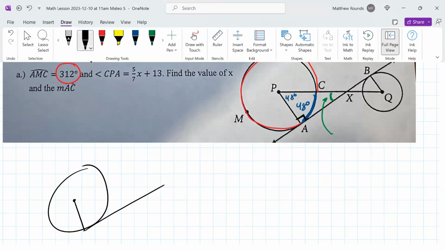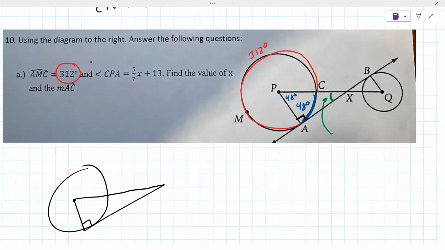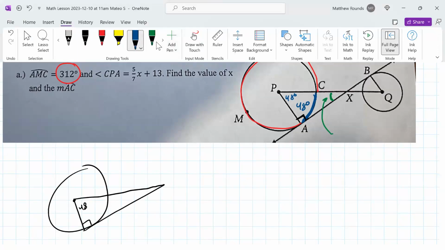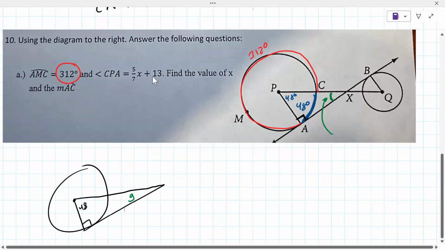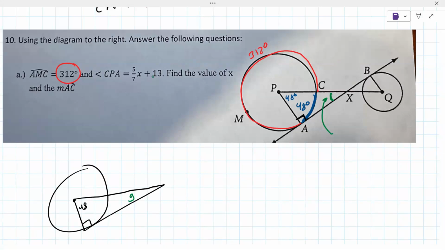You've got 48 over here, and then call it G for green. Is it 42? It is 42. Which makes the other one in green what angle? 42. Yes.